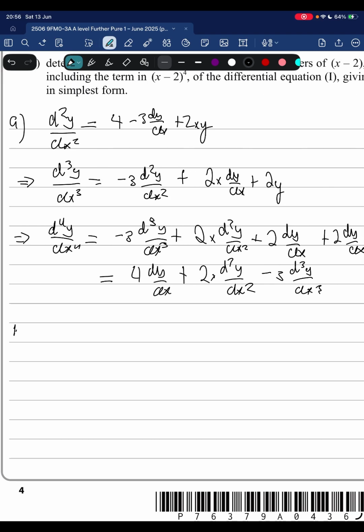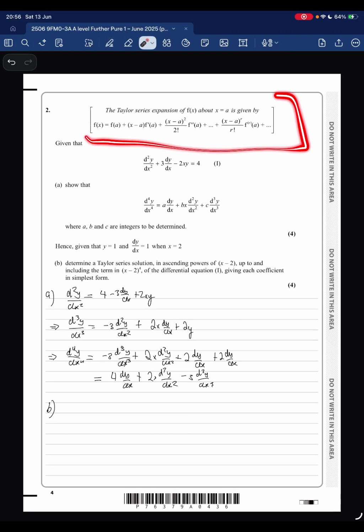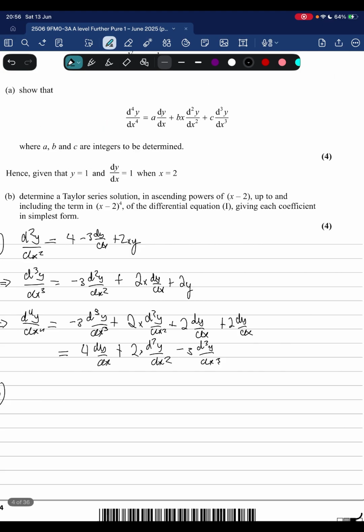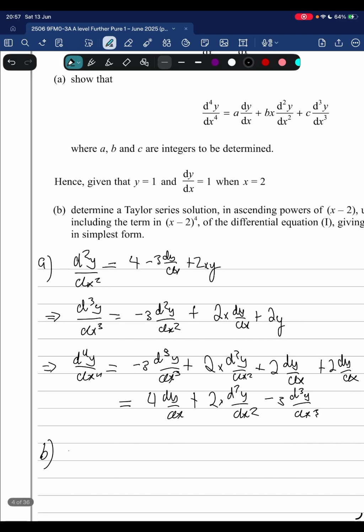Okay. So for part B, we want to find a solution to this equation using the Taylor series expansion. Now we're given this in a question here. So all we need to do is plug in our values to find the derivatives at the point 2. So what I'm going to do is just plug in x equals 2 into this one. So we get d4y by dx to the 4 when x equals 2.